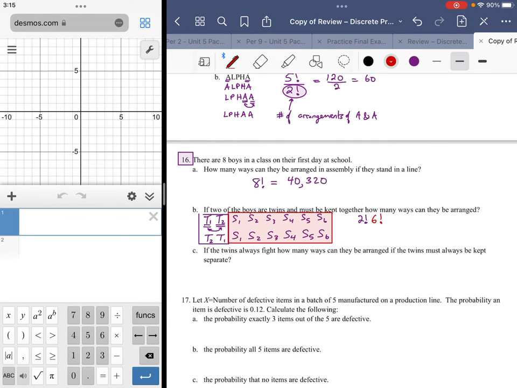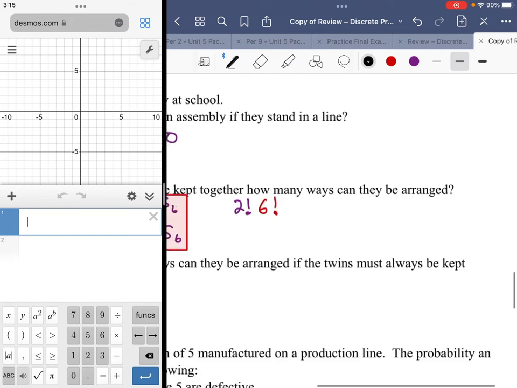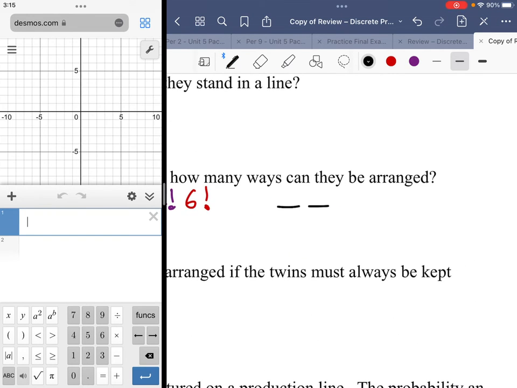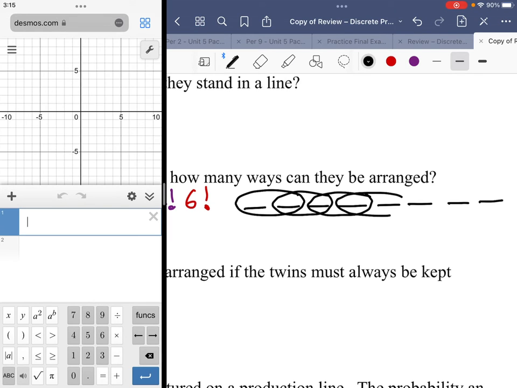But nobody ever said that Tommy and Timmy needed to lead off the line. They could be at any position within the line as long as they're grouped together. So if we have 8 positions, we could have Tommy and Timmy occupying the first 2 positions, the second 2 positions, the third 2 positions, 4th, 5th, 6th, or 7th.